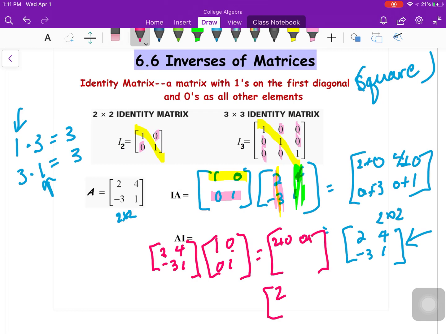Then 2 times 0 is 0, plus 4 times 1 is 4. That gives me 4. Negative 3 times 1 is negative 3, plus 0 times 1 is 0, gives me negative 3. And negative 3 times 0 is 0, plus 1 times 1 is 1, gives me 1. That also works. So the only time matrix multiplication is commutative is if you multiply by the identity.